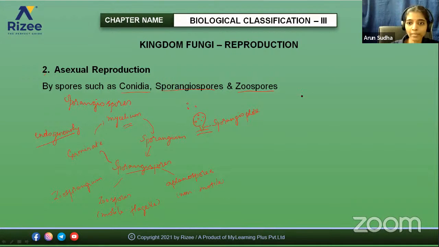And then if you take the gonidia, so here also they are formed from gonidia on germination. They form a mycelium.